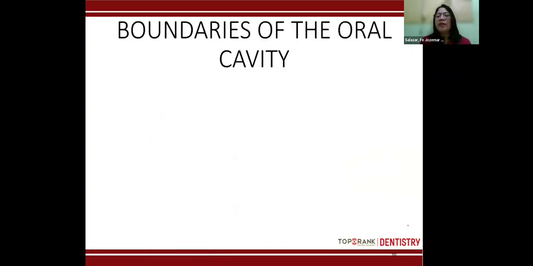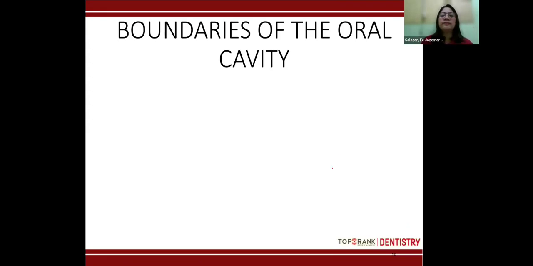Okay, now we already know the anterior boundary of the oral cavity, the lips, right? We also know the posterior boundary, the anterior pillar of the fauces. Now, how about the lateral, superior, and inferior boundaries of the oral cavity?